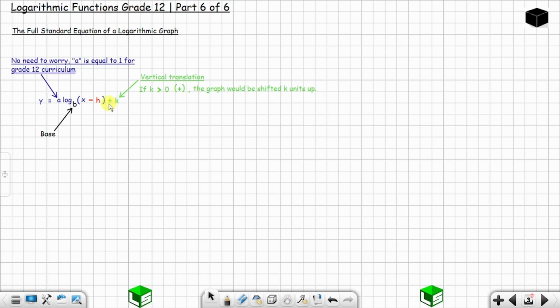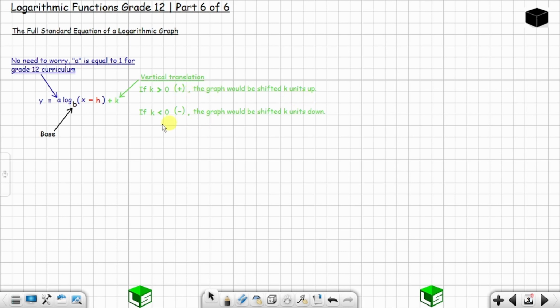If K is less than 0, meaning negative, the graph would be shifted K units down. If negative, down. If positive, up.